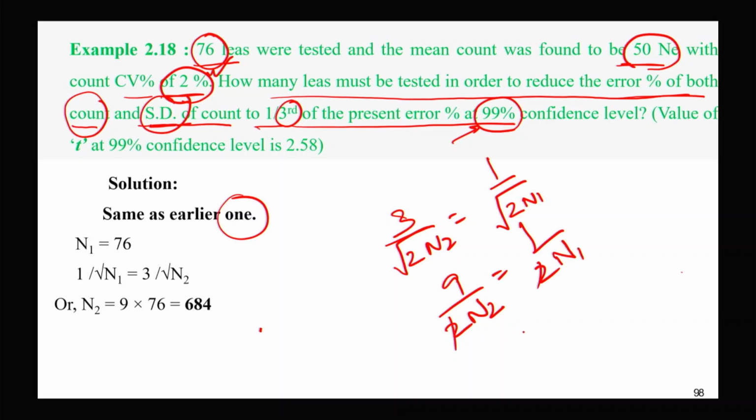So 2 cancelled out, and n2 will be equal to 9 multiplied by n1. It's giving the same number.